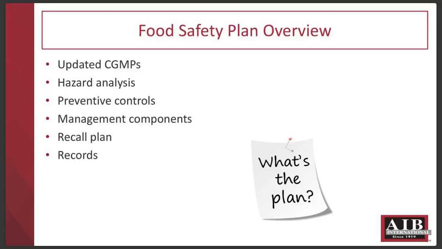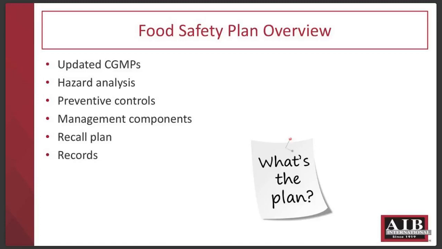The last one that we need to include in this program is also economically motivated adulteration from the FDA's requirements, which basically means food fraud that could lead to a food safety issue, such as melamine in milk products or peanut residue in cumin that was added in there on purpose to help increase the yield.